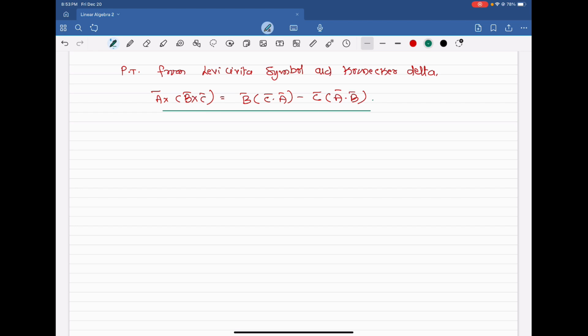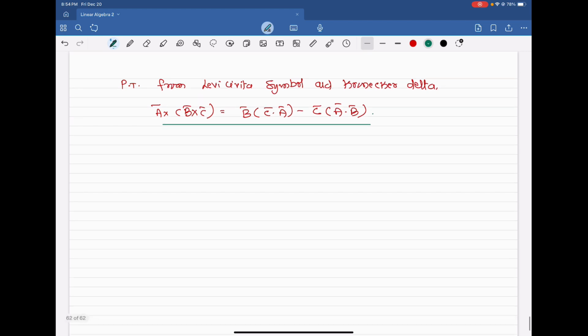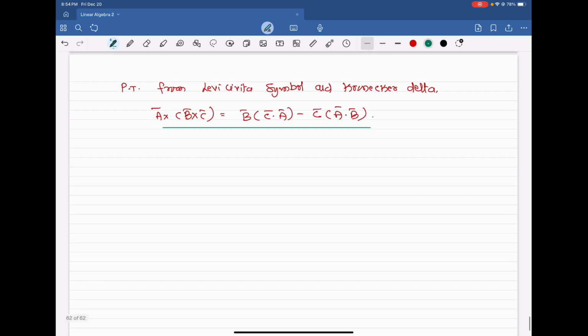These properties, how to prove them? To prove these properties in a traditional manner, it will be very, very difficult to go ahead. Whereas using Kronecker delta and Levi-Civita symbol, we will be able to prove them very easily.